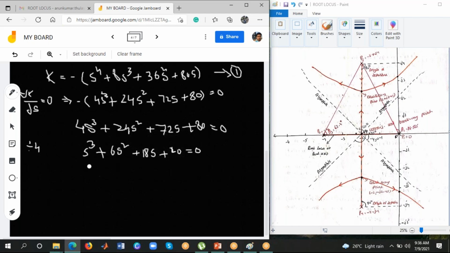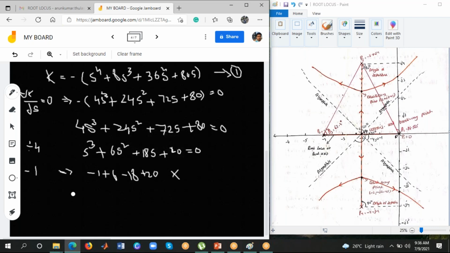Here all are plus signs, so I am going to take s equals to -1. If you substitute s equals -1, then -1 plus 6 minus 18 plus 20, so it is not a root.